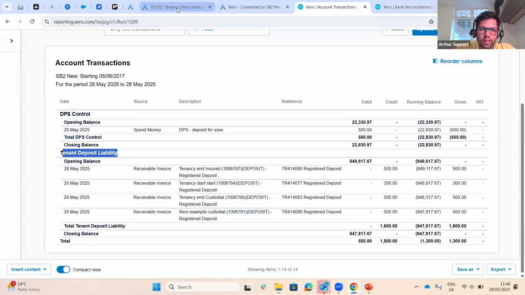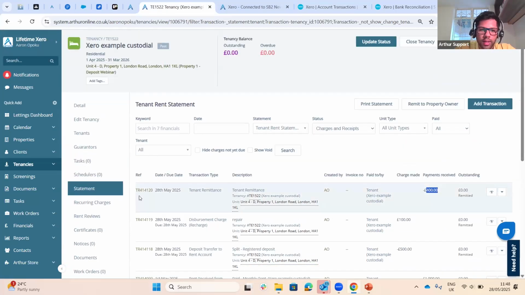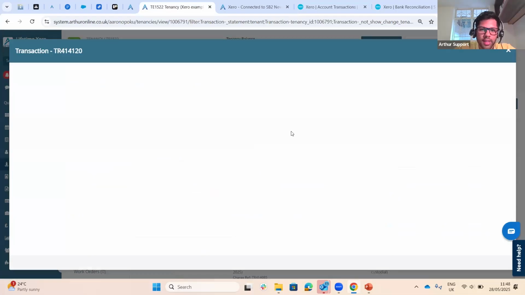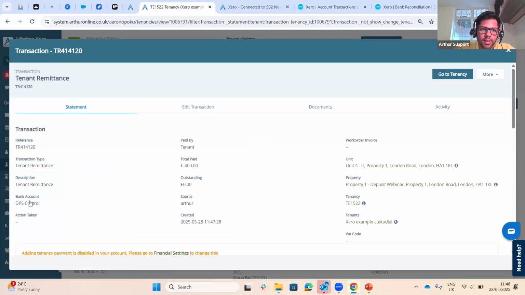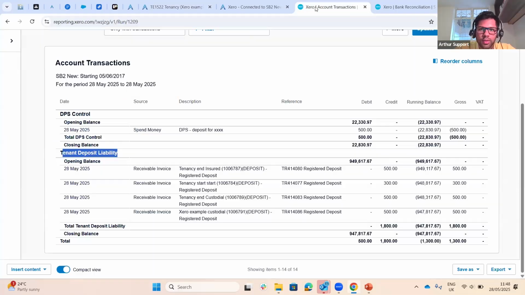And then the £400 deposit refund, when we close the tenancy, we selected the DPS control account. So that will then sync across to this DPS control account and create a credit balance of 400 here. So you've got 500 debit, 400 credit.